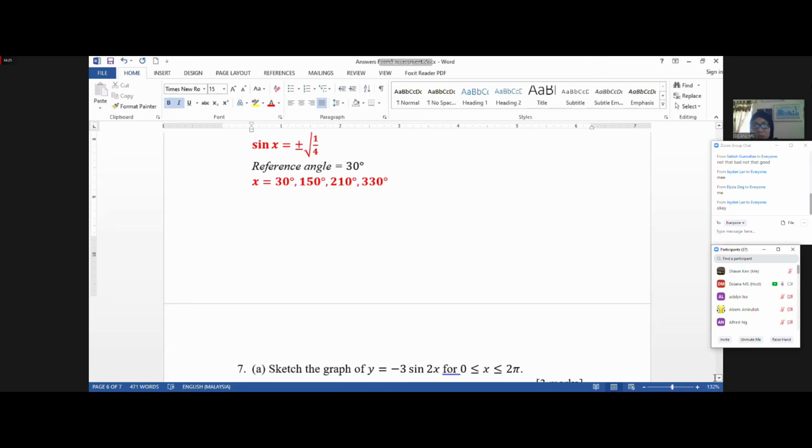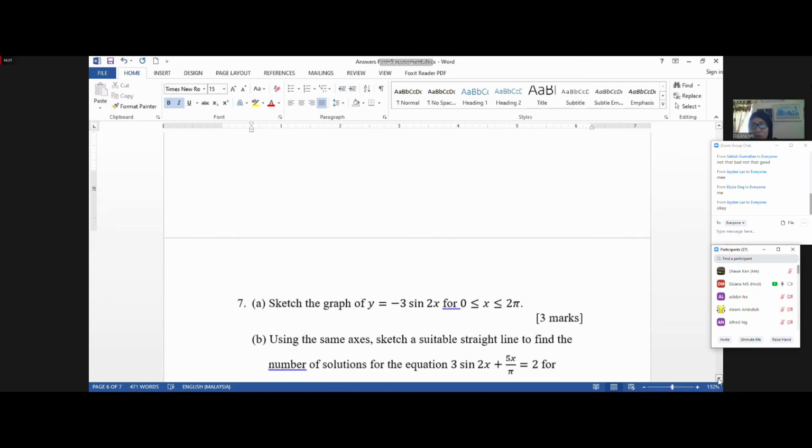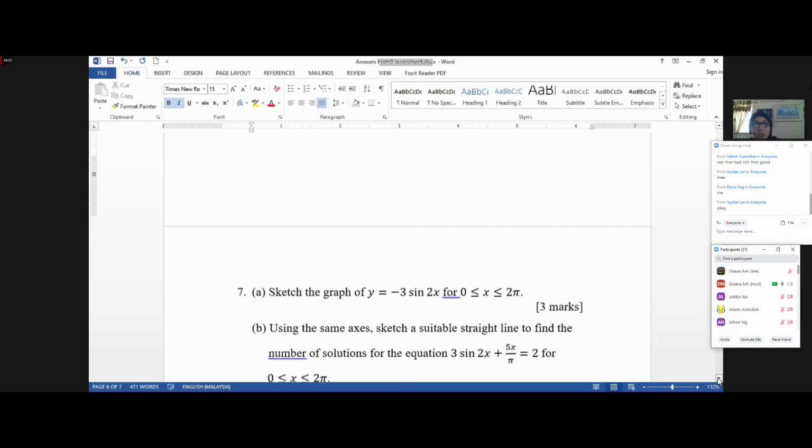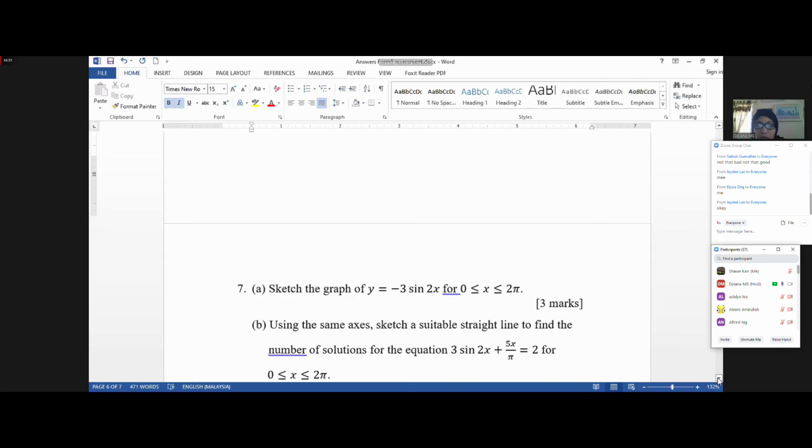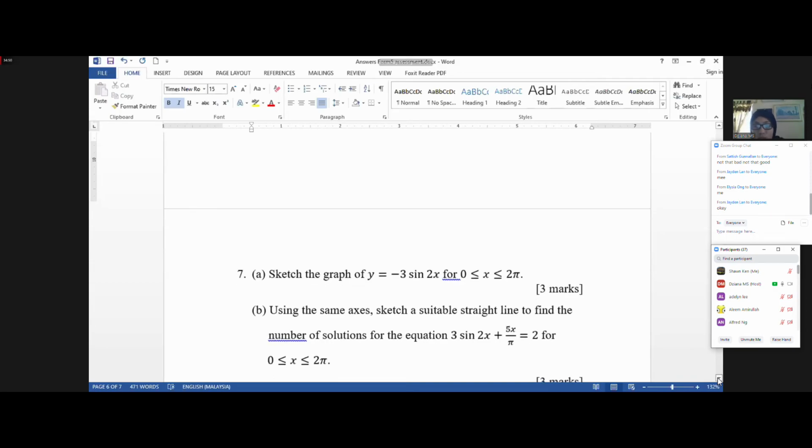Sketch is just on your answer paper. Sketch the graph of y equals to negative 3 sine 2x for x between 0 to 2 pi. I think I have reminded you all, if the question uses pi, then your graph must use pi. Just follow the question.